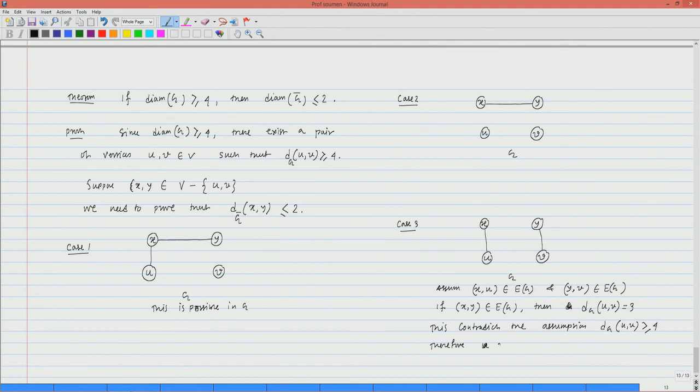Therefore, x and y are not adjacent in graph G, and hence x and y are adjacent in G complement.